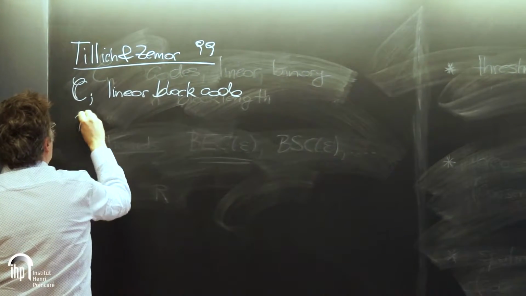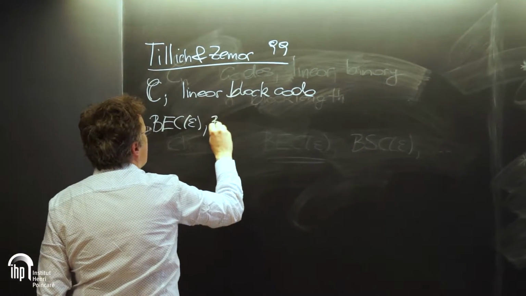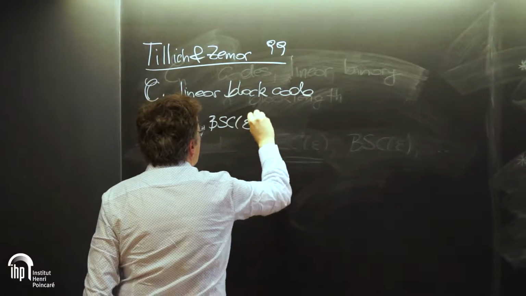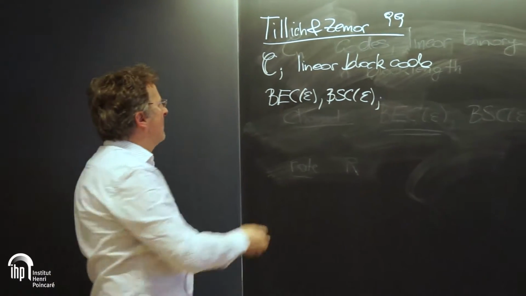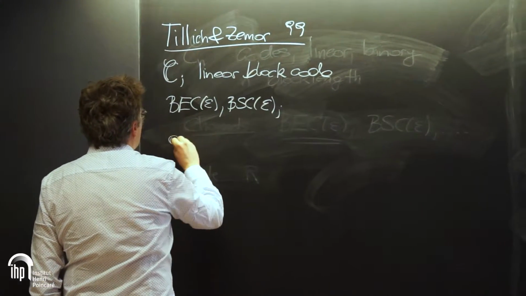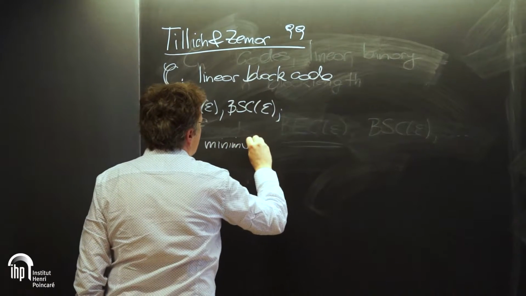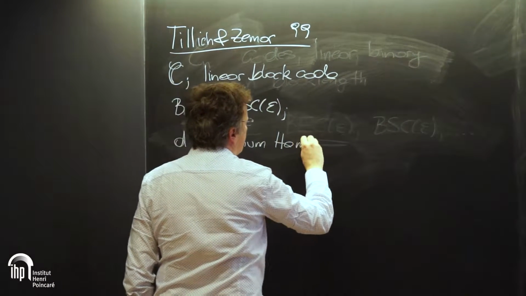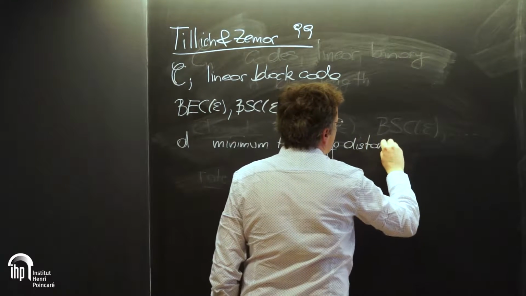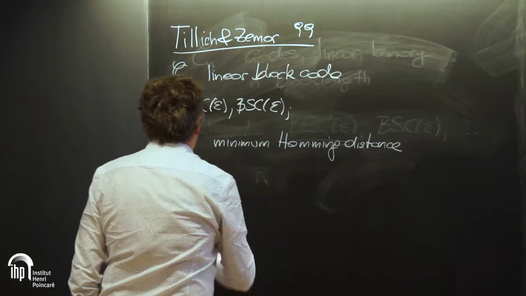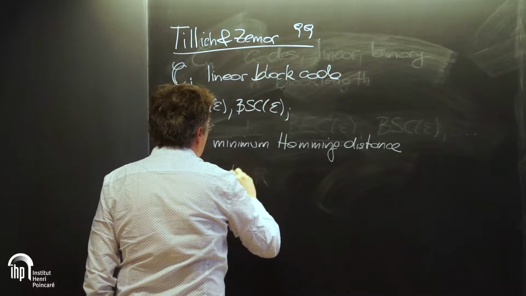And we'll talk about the channel, which is the BSC, the binary symmetric channel, in which we flip bits. They also have extensions to more general channels, but let's stay with this. Let's assume also the code C has a minimum distance, the minimum Hamming distance. In particular, they talk about MAP, optimum block decoding.